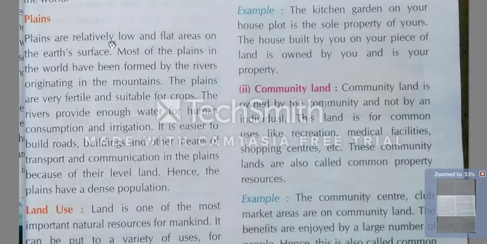Plains are relatively low and flat areas on the Earth's surface. If we see the place where we are living, where a plains area is there, a plain area means we can see they are relatively lowlands and flat areas on the Earth's surface. Mostly they are found in lowlands and flat areas.